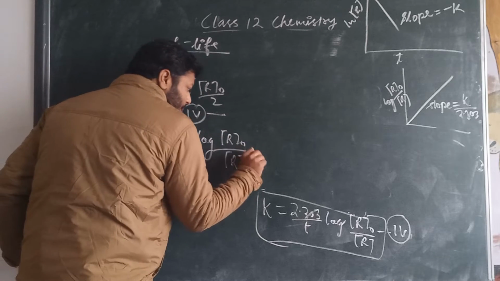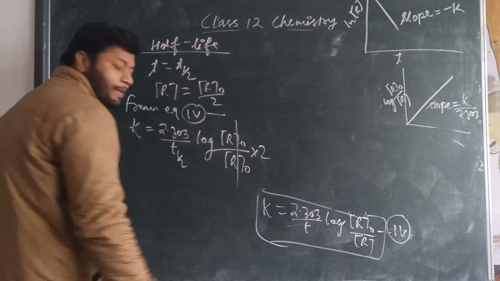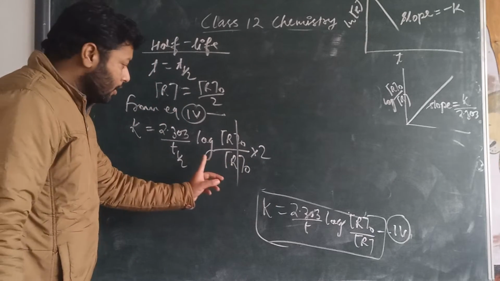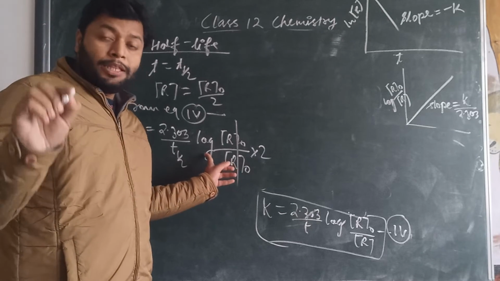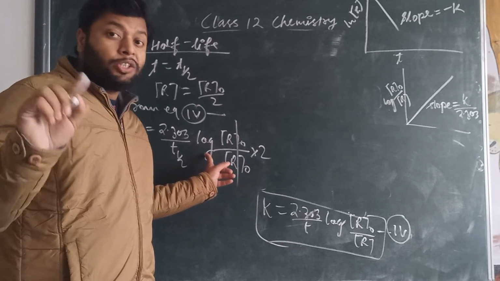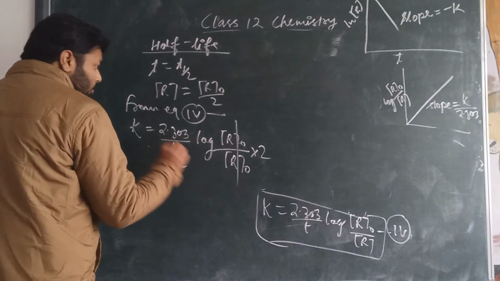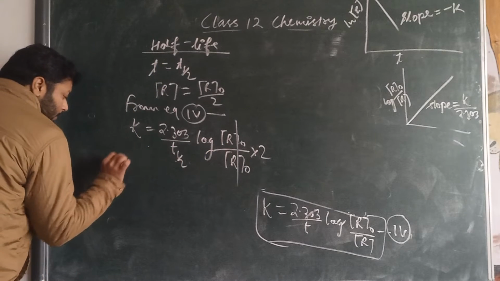R naught upon R naught by 2 will be 2, so the R naught will cancel out. Now we have log 2, and you should remember the value of log 2 is 0.303.